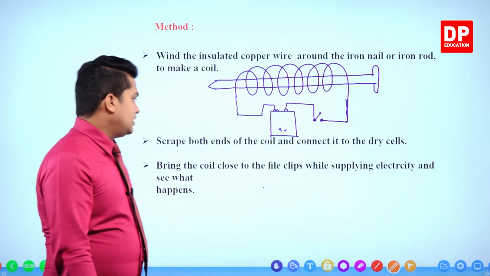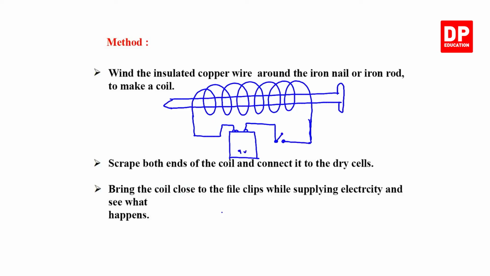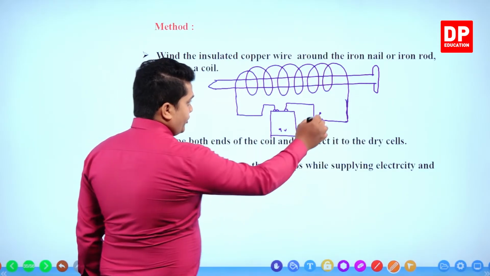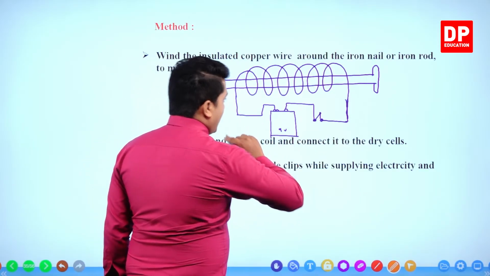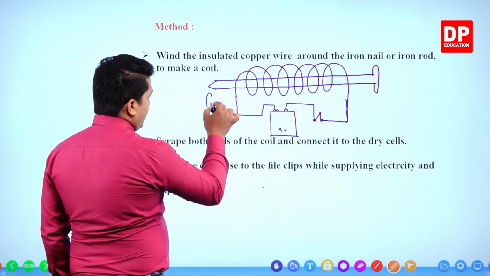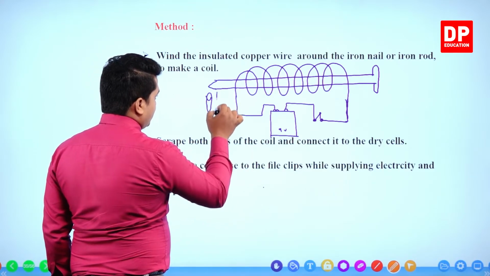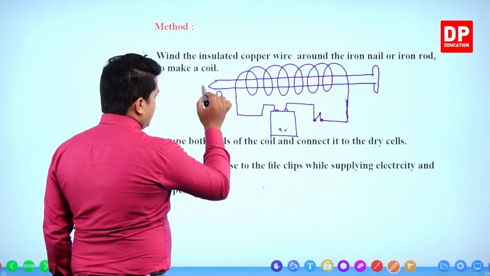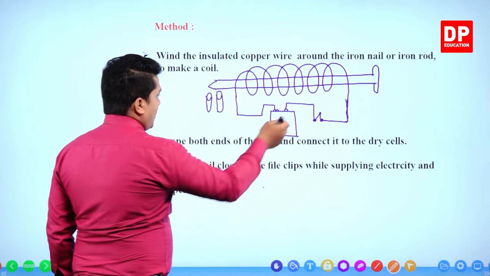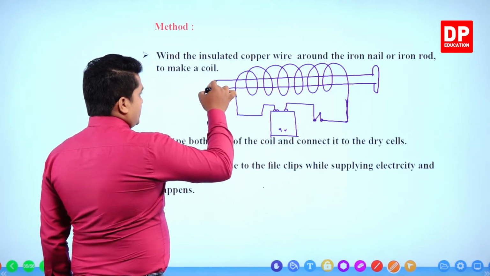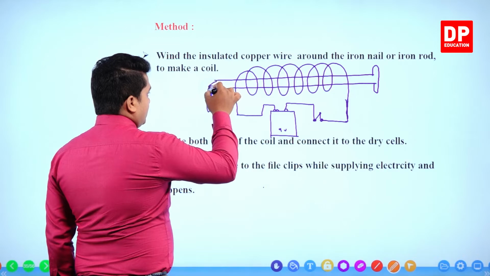Okay. So bring the coil close to the paper clips while supplying electricity and see what happens. Now you need to turn on the switch and we need to bring some paper clips, and we need to observe what happens when you turn on the switch.